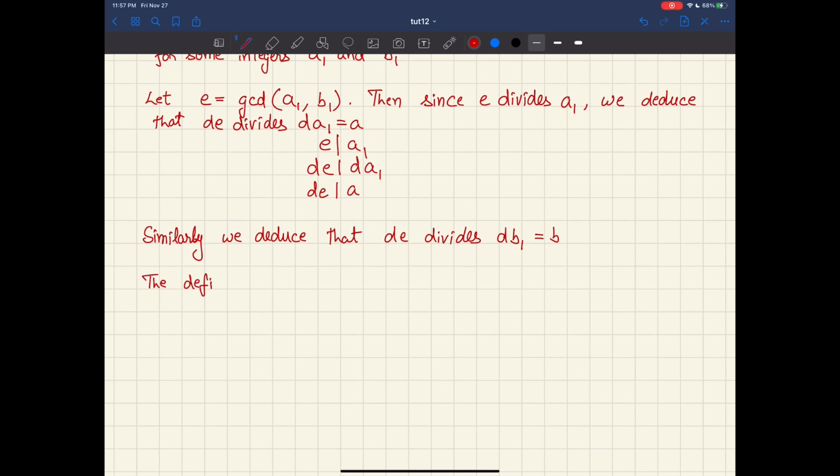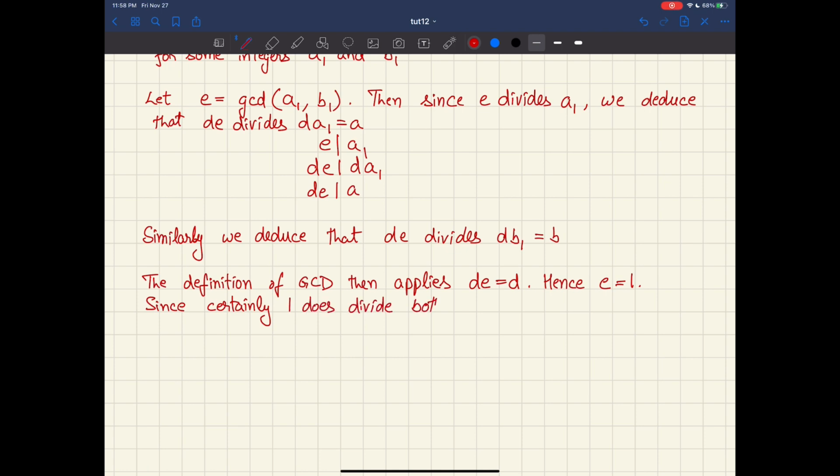Now here we use the definition of GCD, and we would say that d times e is equal to d itself. This is because, since d was the greatest common divisor, d times something cannot technically divide a and b unless that something was 1 itself.